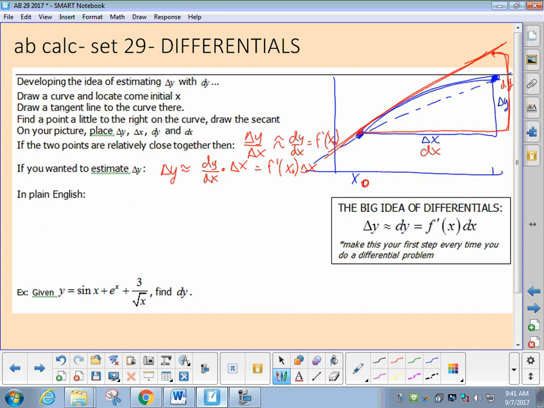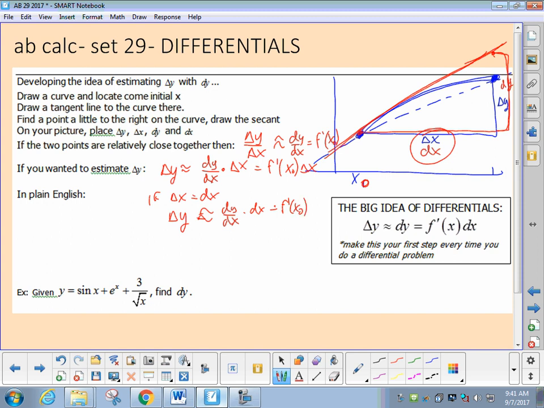Okay. Now, you can see from the picture that we decided we're going to make the x change the same x points for either the tangent line or the curve. So you can see from the picture that delta x and dx are the same. I'm just looking at the same gap for both. If delta x and dx are the same, then I'm going to take this previous step, and instead of delta x, I'm going to call that dx.